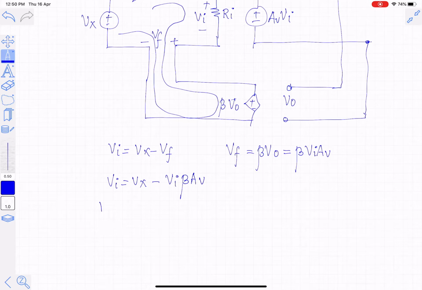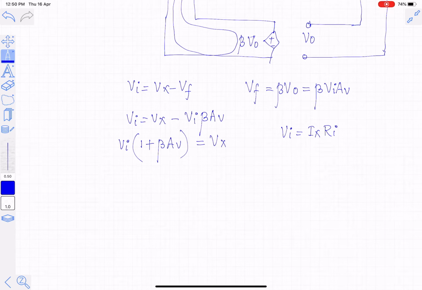So from this we can see Vi into (1 plus beta into Av) is equal to Vx, but Vi can be written as Ix into Ri. Right, so we can write Ix into Ri into (1 plus beta into Av) is equal to Vx.